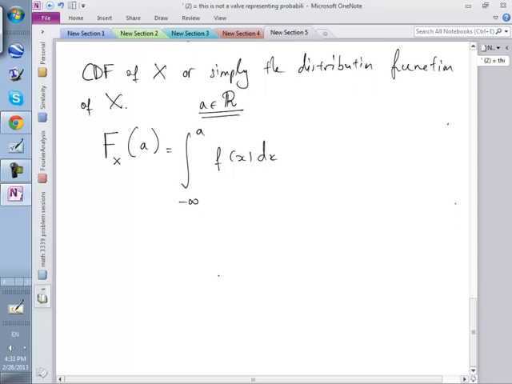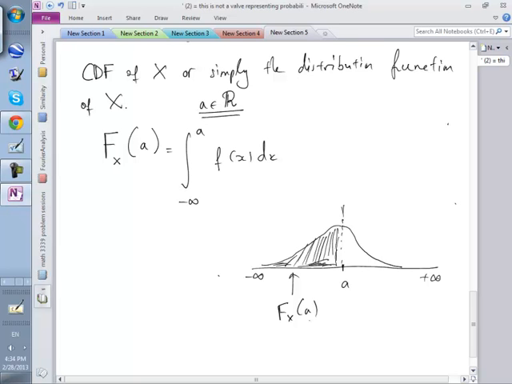So if I look at it graphically, this is the axis of negative infinity to plus infinity. You expect to see something like that. If this is A, this integral, actually this area under the graph, is the function F of x at this point, the distribution function at this point.